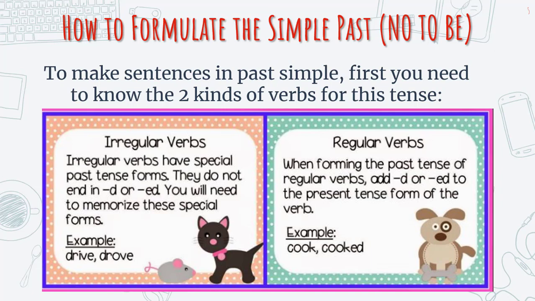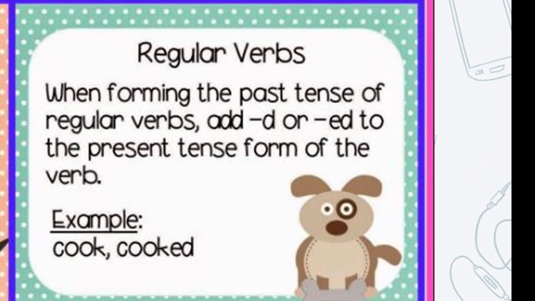Now, how to make the past simple, but not with the verb to be. ¿Cómo organizamos el pasado simple, pero sin el verbo to be? Always in English, we need to know that we have two kinds of verbs. Siempre tenemos dos tipos de verbos. For example, we have the regular verbs and the irregular verbs.